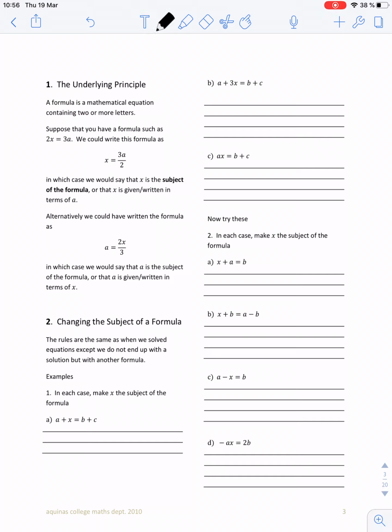Okay. At first, I'm going to solve the first point that says in each case make the x the subject of the formula.